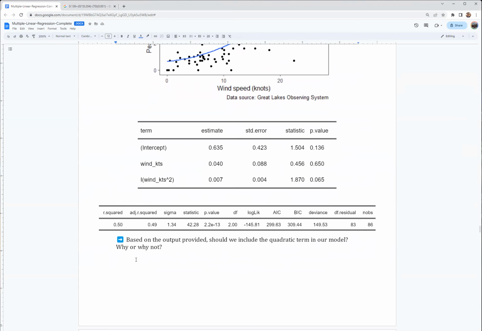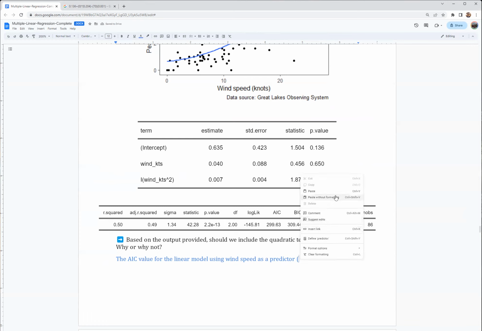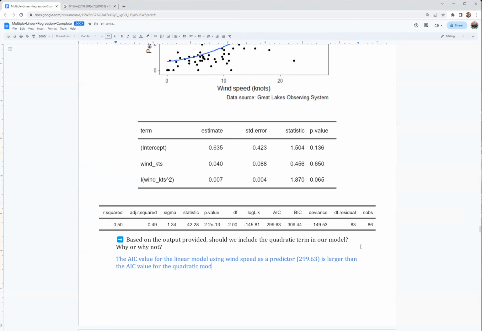So the AIC value for the linear model using wind speed as a predictor is larger than the AIC value for the quadratic model with wind speed.